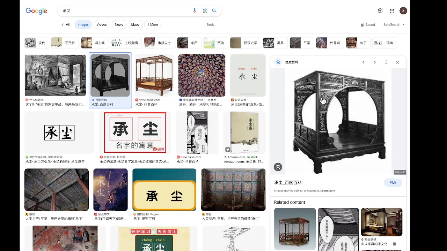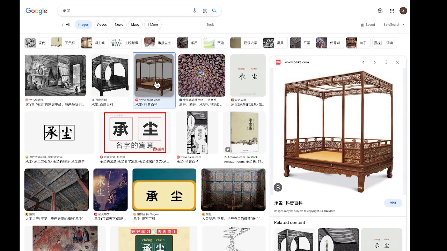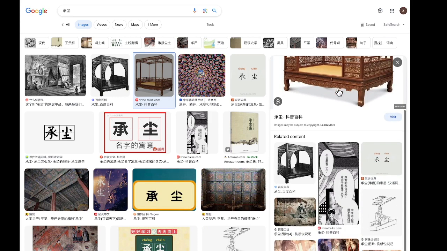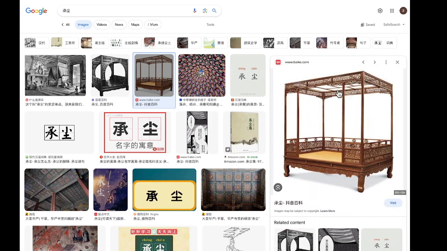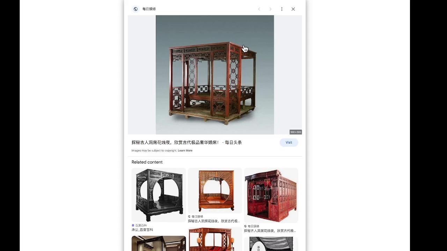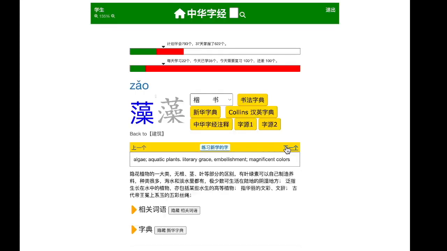Or maybe about these, also called chengchen, kind of like canopy beds, because they've got a roof over top that I guess would catch the dust, and that's why we'd call it chengchen. 藻 refers to algae or aquatic plants. It also refers to literary grace or embellishment, like flowery prose or magnificent, beautiful colors. You would also use 藻.